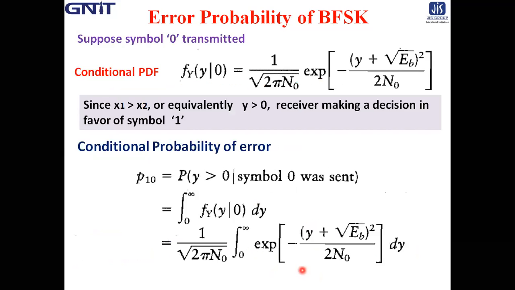Now suppose that symbol 0 was transmitted. So the conditional probability density function of the random variable y is given as f of y, y conditional 0, equal to 1 by square root of 2 pi N0 exponential minus (y plus square root of EB) to the power square by 2 N0.